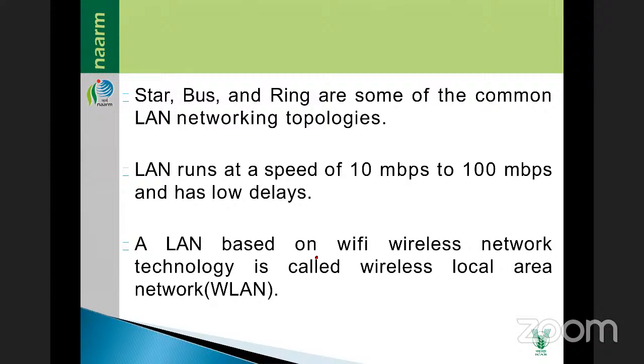LANs run at a speed of 10 Mbps to 100 Mbps. If you check your LAN connection in your university computer lab, you will see 10 Mbps to 100 Mbps network speed, that is megabits per second, and it has low delays.